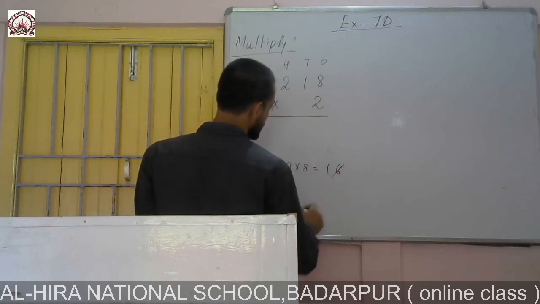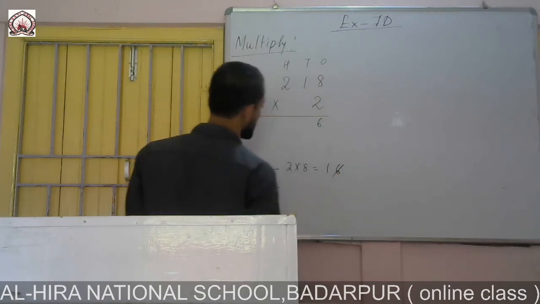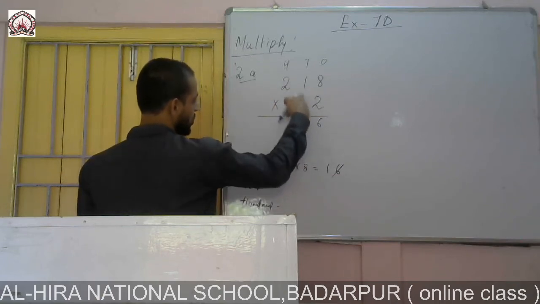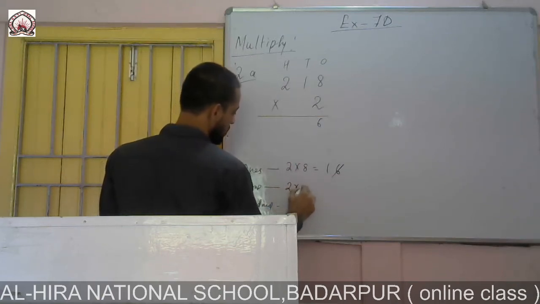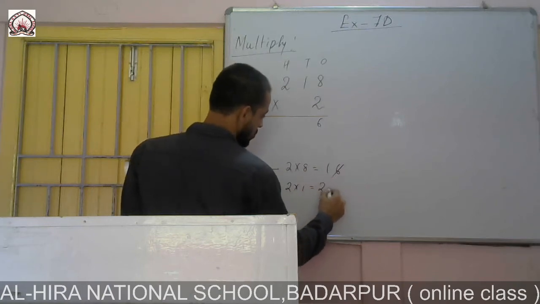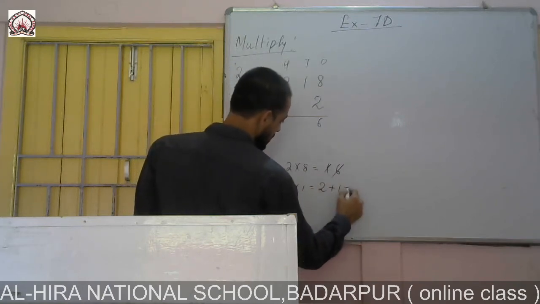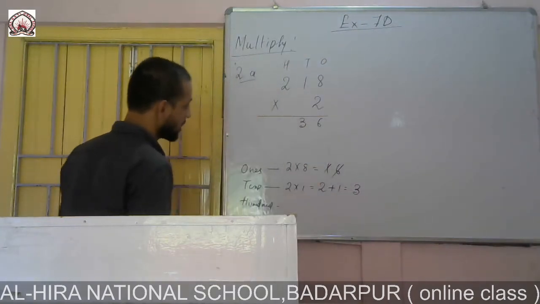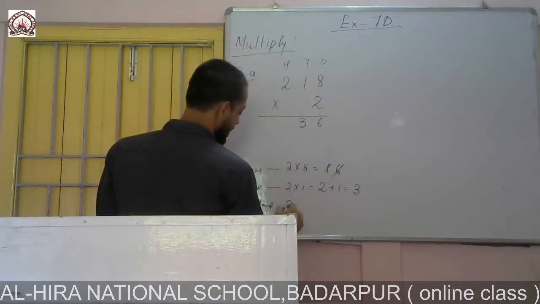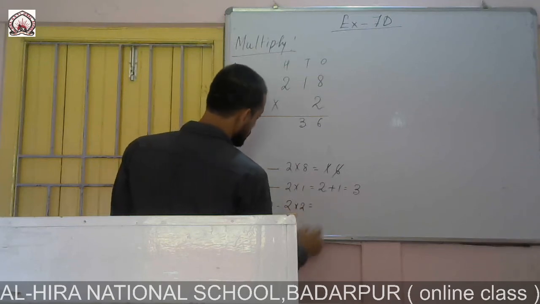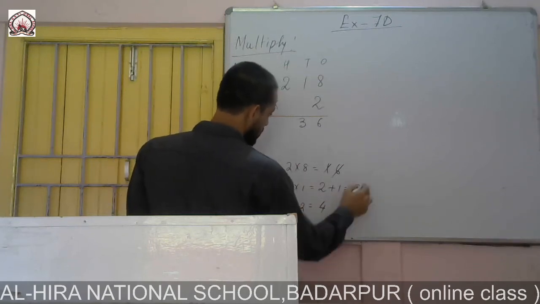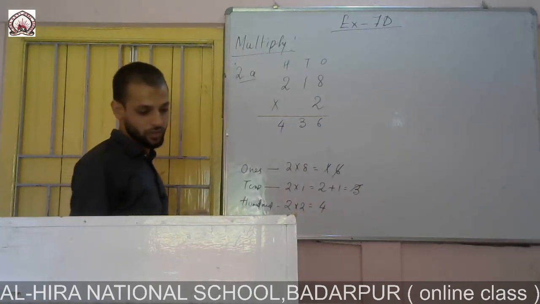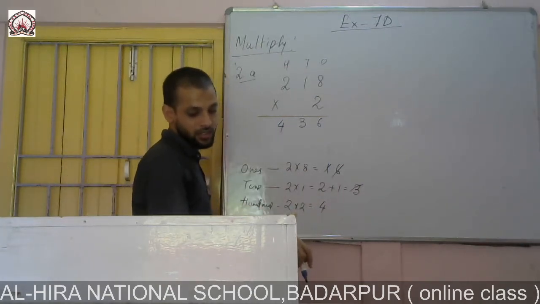From 16, 6 goes to the ones place and 1 carries to the tens place. Now in the tens place, 2 into 1 equals 2, plus 1 equals 3. Here in the tens place we get 3. Now in the hundreds place, 2 multiplied by 2 equals 4. So we write 4 here. The answer for this question is 436.